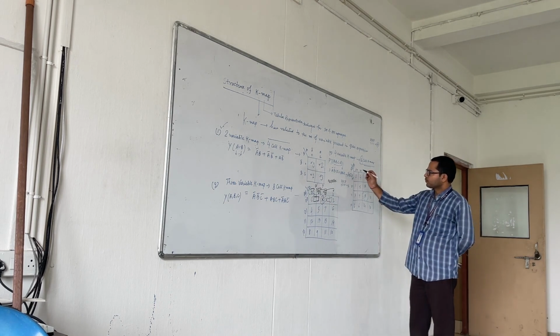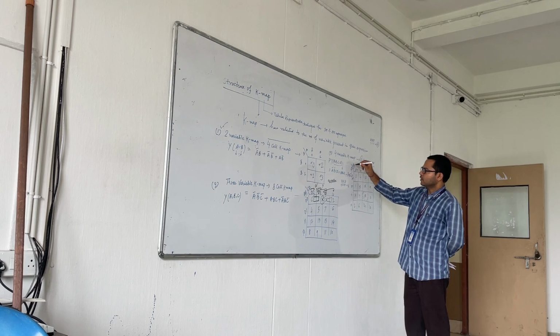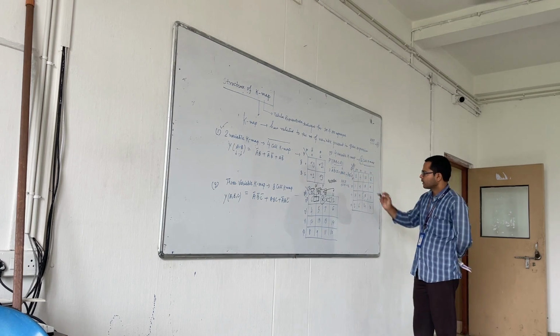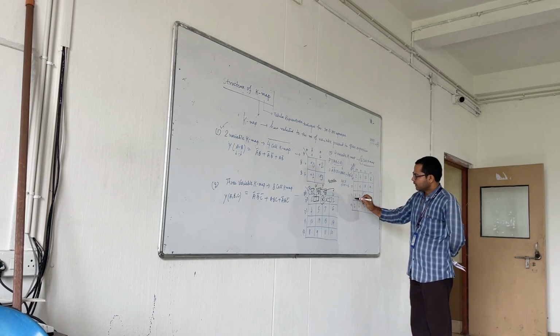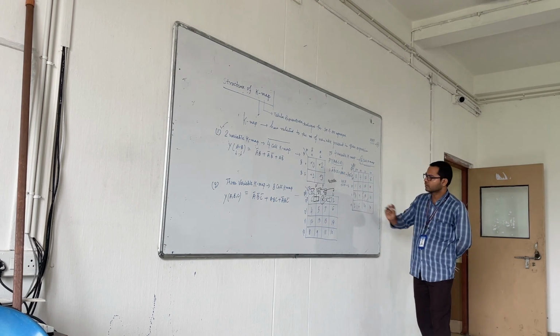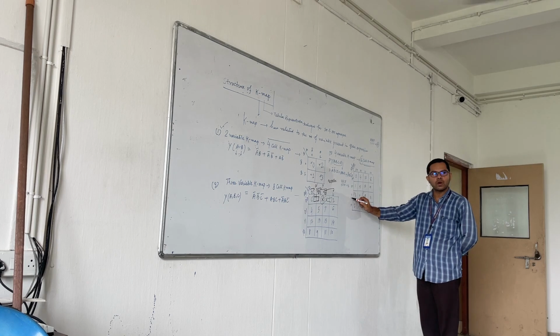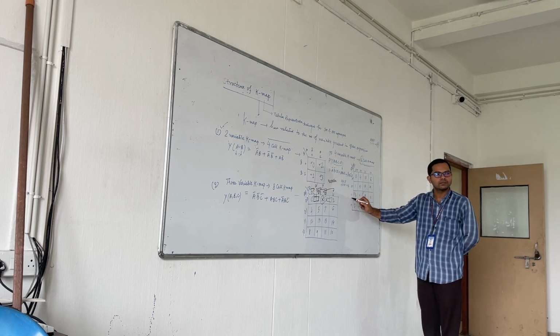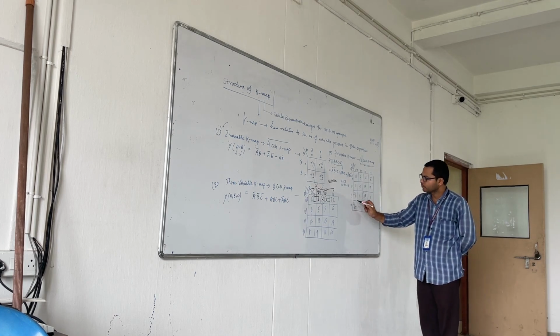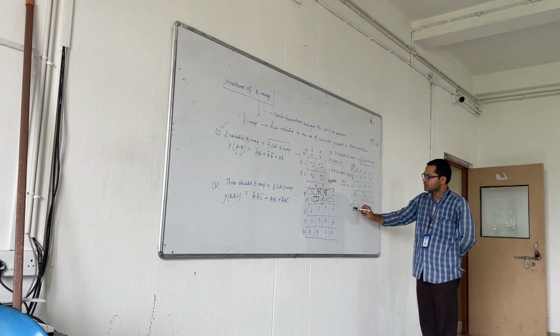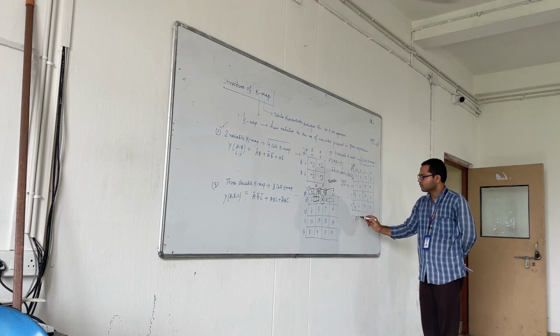Let's see here, AB on the top, CD on the bottom, particularly this position. What is the AB value? 0 0, CD value 1 1. What are we getting? 3. Let's see here: AB value 0 0, CD value 1 0.